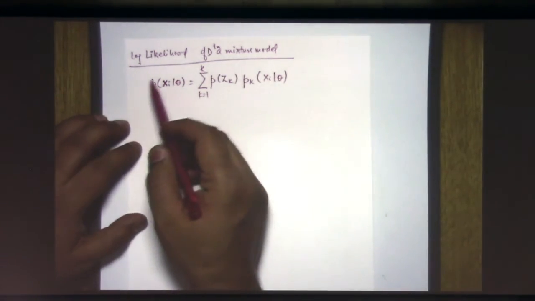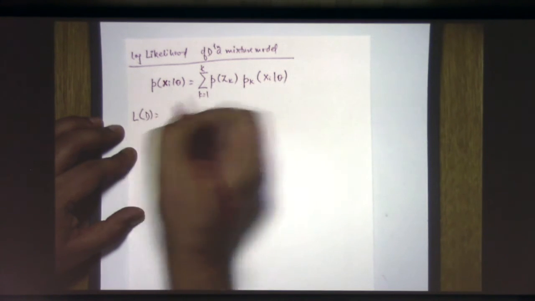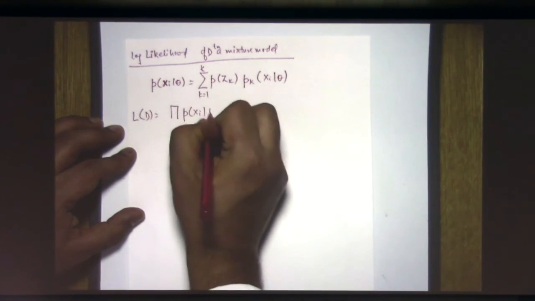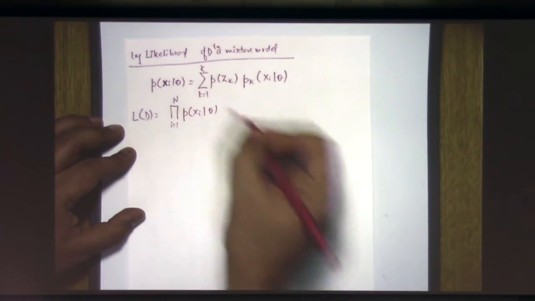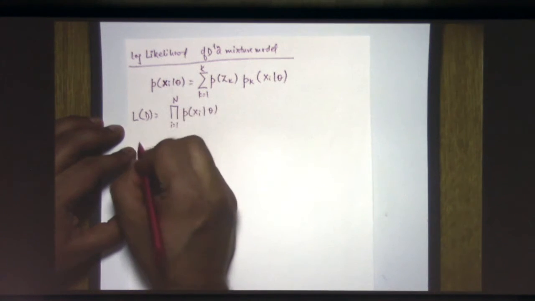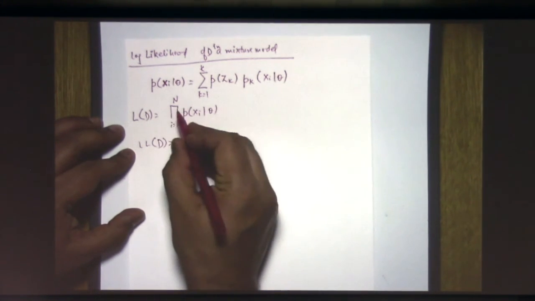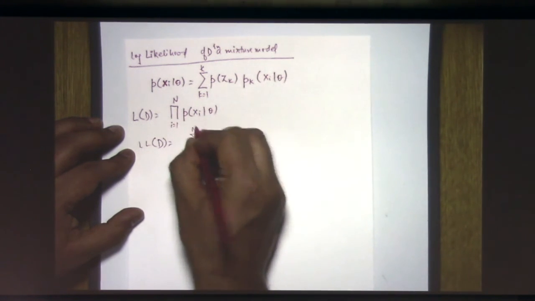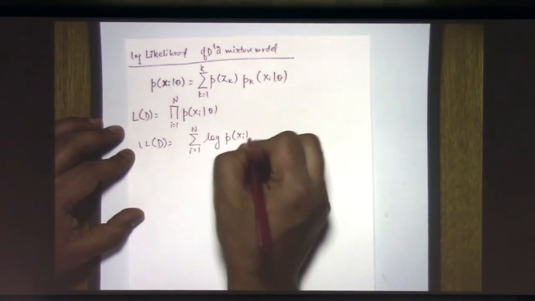Now if I want to compute the likelihood of this whole data set, then the likelihood of the data set will just be the product of all probabilities, i equal to 1 through n. And if I want to compute the log likelihood, I just take a log of this quantity, so this product becomes a sum. It looks like this: the sum over i equal to 1 through n of log of p of xi given theta.